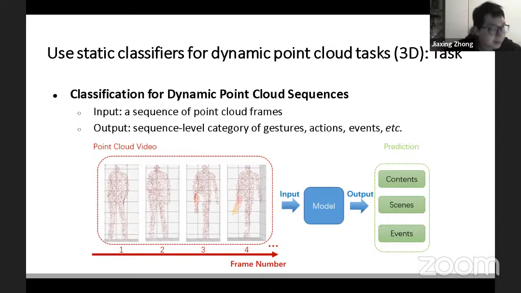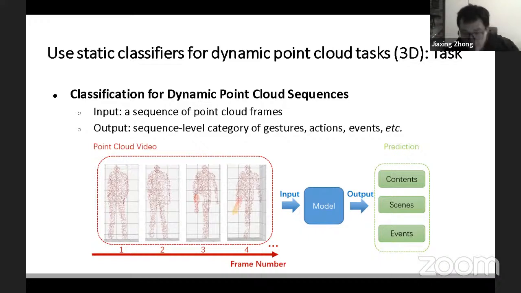In this task, we would like to classify a point cloud sequence. This concept is similar to so-called video classification in the 2D area. In this problem, the input is a sequence of point cloud frames, analogous to 2D videos.